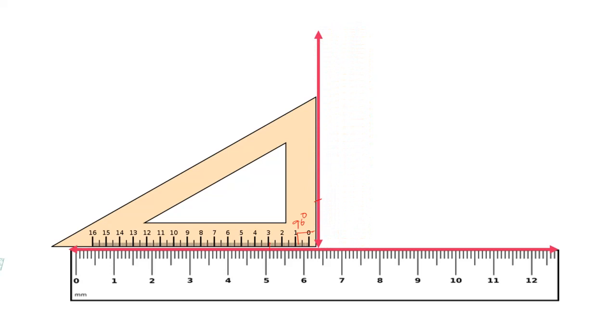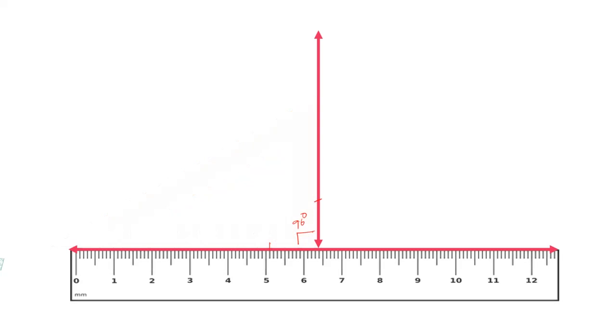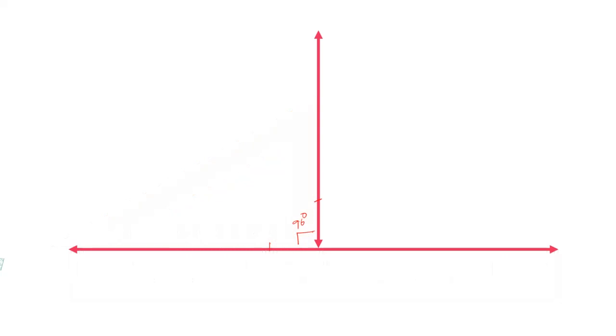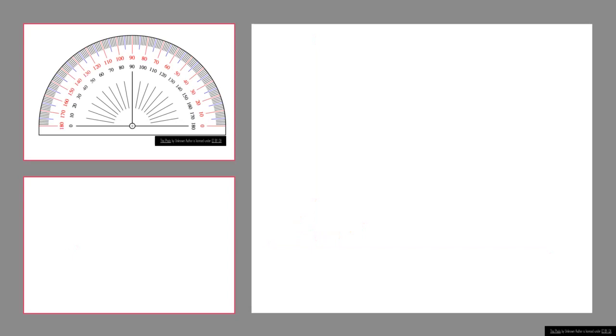Now these two lines are 90 degrees with each other, otherwise they are perpendicular to each other. This is the primary concept about a perpendicular line. And if you use a protractor and measure it, it will appear that it is 90 degrees on both sides. You can also draw a perpendicular using the other instrument in your geometry box, which is named the protractor.